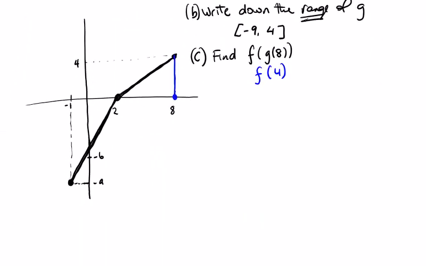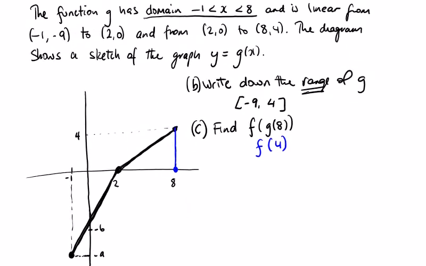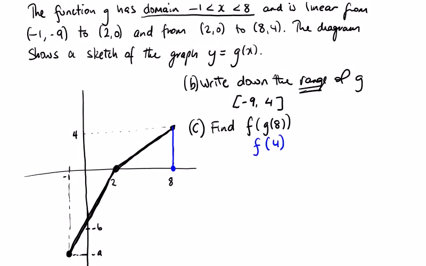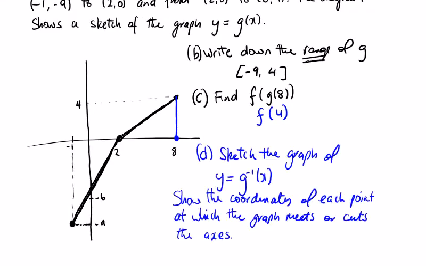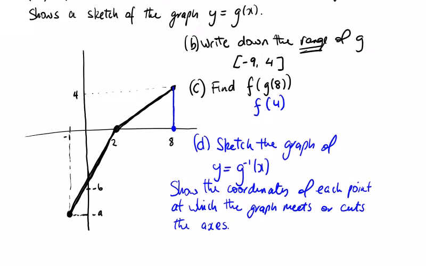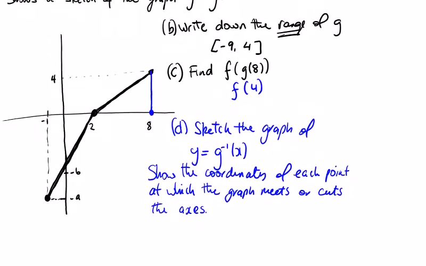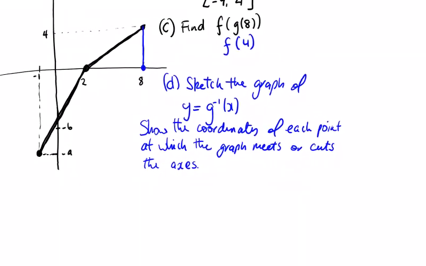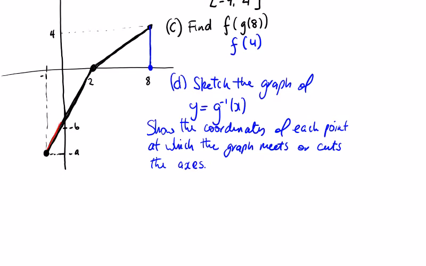So that's part B. And then the last part, our knowledge of inverse functions is important. We're asked to sketch the graph of y is equal to the inverse of g. So all we need, as I said earlier, are these points. If we look at this bottom half of the graph here, the red bit, it was cutting the axis at 0, minus 6.